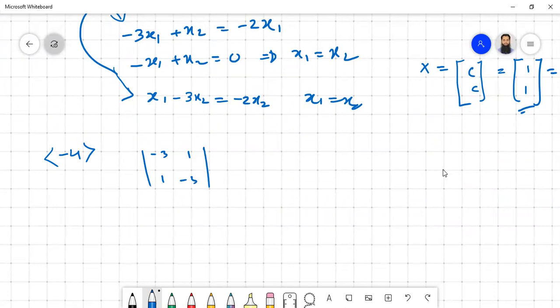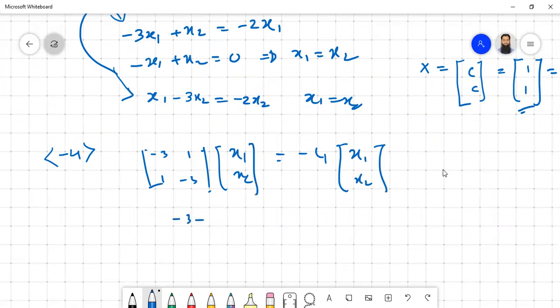Then you have x1, x2, equal to minus 4 times x1, x2. Now the relationship that we can find now: minus 3 x1 plus x2 equal to minus 4 x1. So basically x1 plus x2 equal to 0.